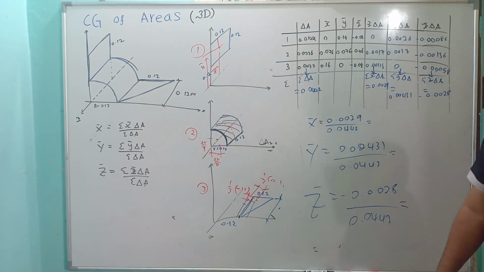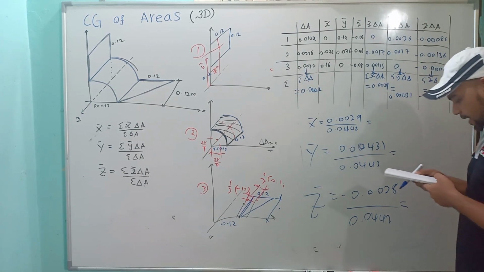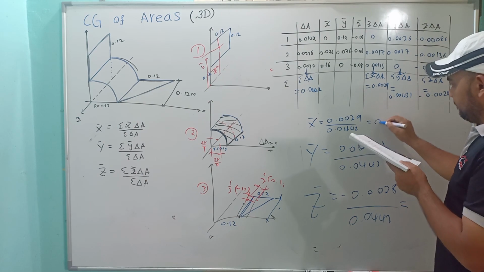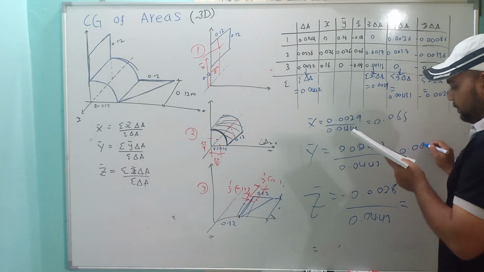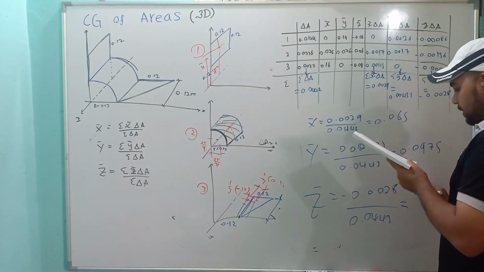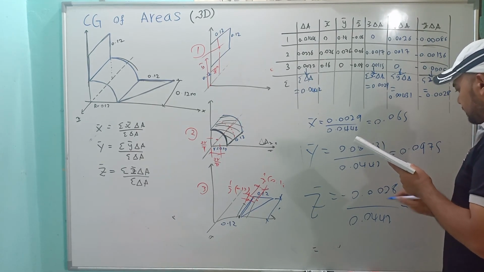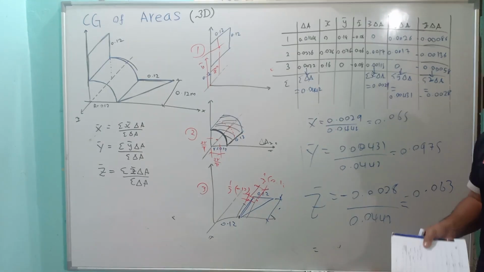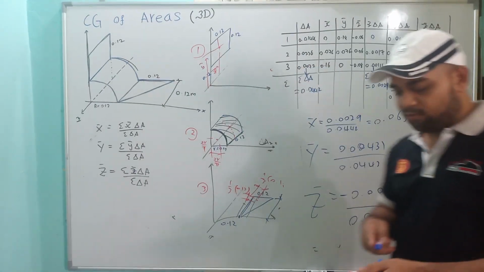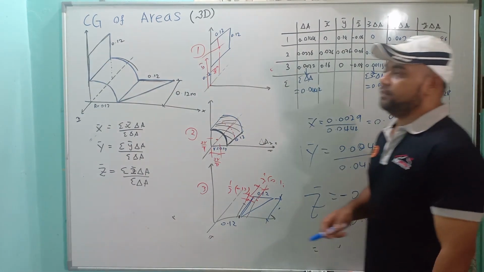So calculate that, you will have the final answer as 0.065, 0.0975, minus 0.063 meter.